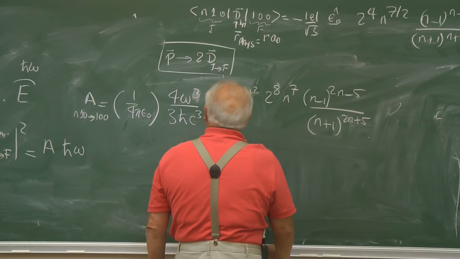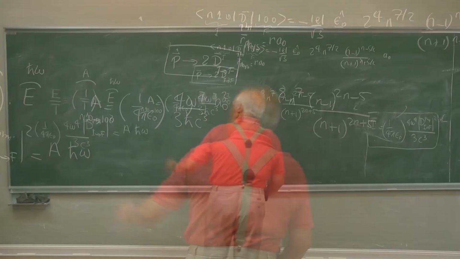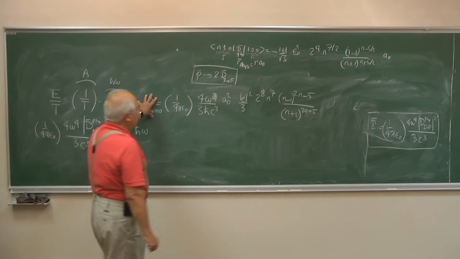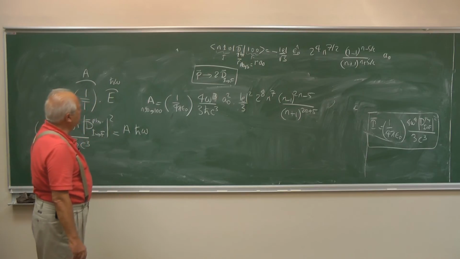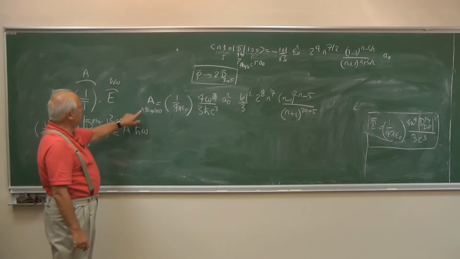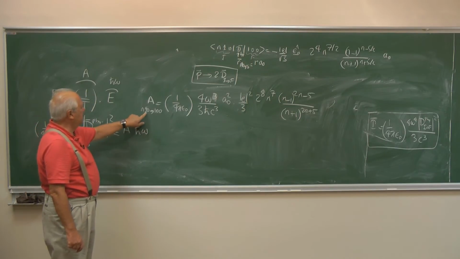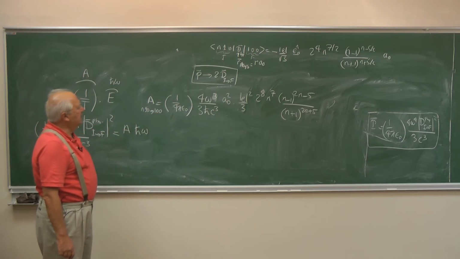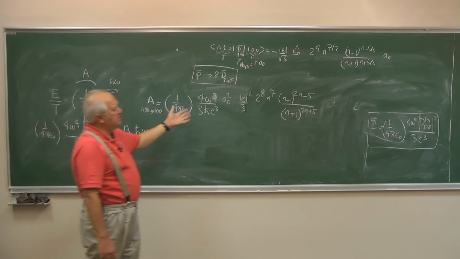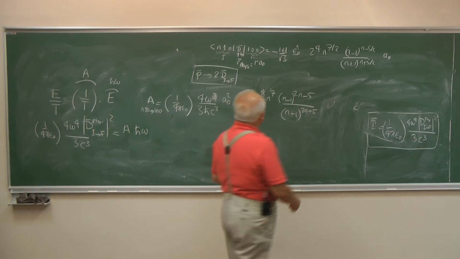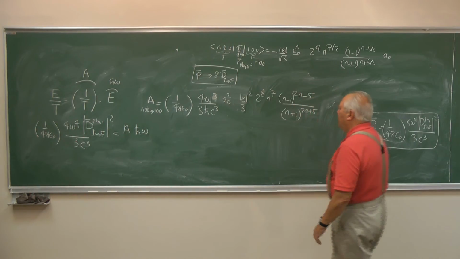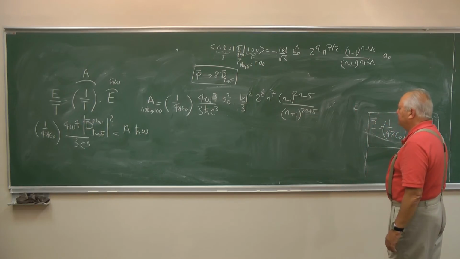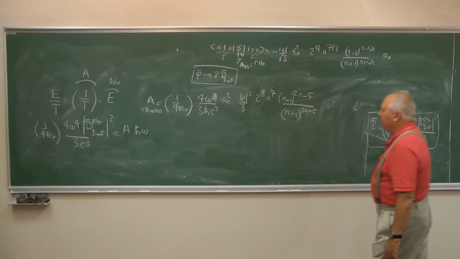Okay, so this is the Einstein's A coefficient for level n, L equals 1, m equals 0, to 1 0 0. Because the strength of all the m values was the same, it's the same for all the m's. So that's it. This is the formula.